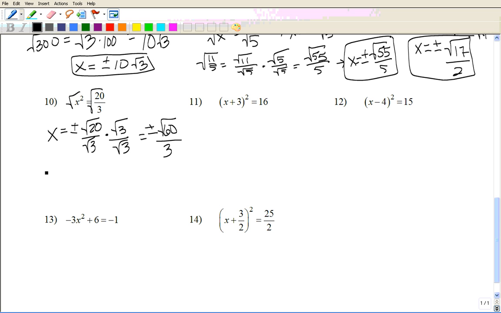So I'll get x equals plus or minus. So I have 4 and 15 is the same thing as 60. So the square root of 4, and I have 15. 15 will stay in there, but the square root of 4 is 2, so I have plus or minus 2 square roots of 15 over 3. And that's your answer right there.